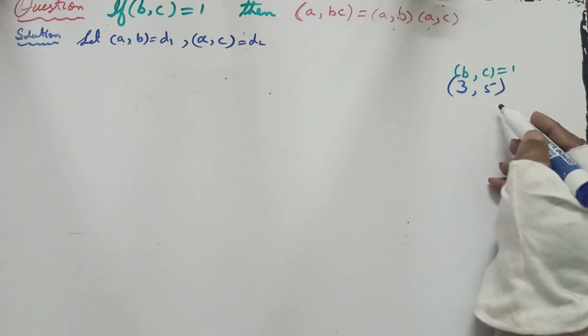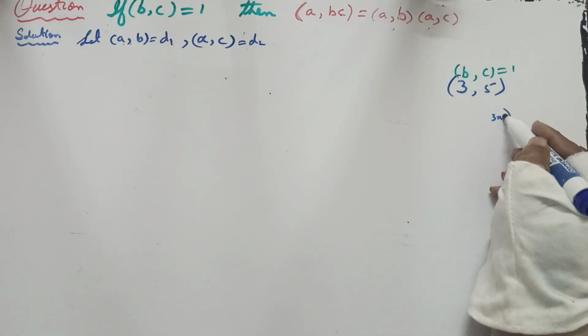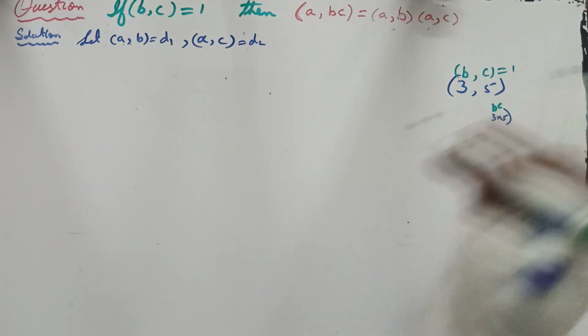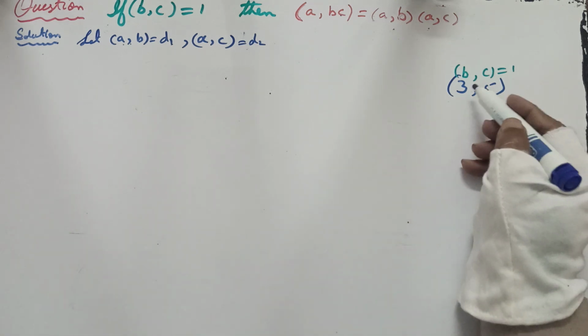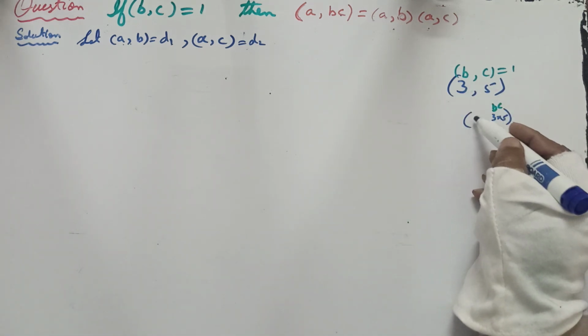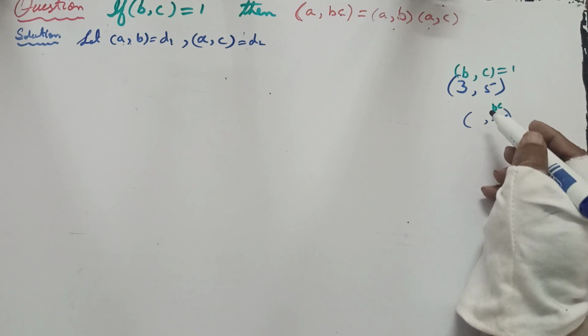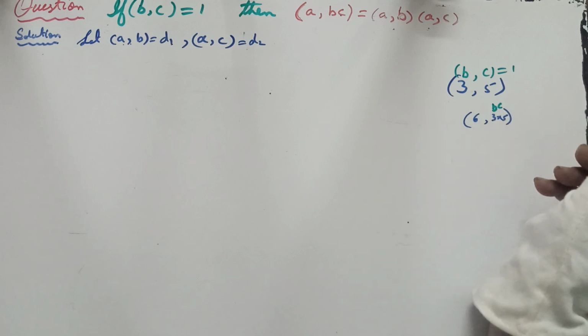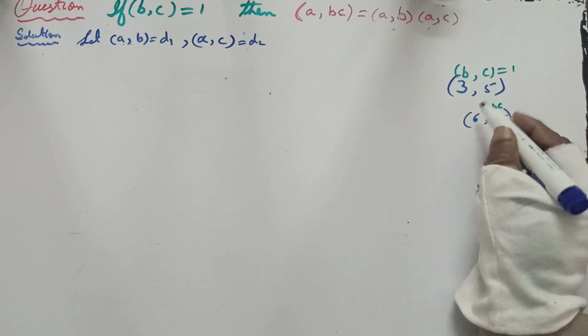If I multiply these two numbers, 3 times 5, this is BC. Take any other number, for example I take 6. This is A.